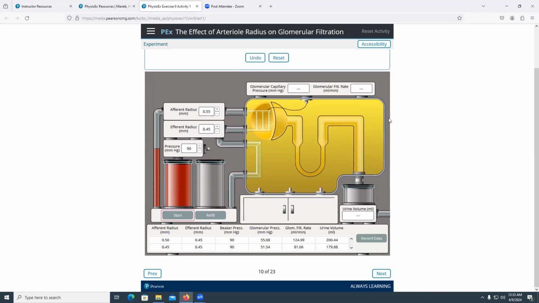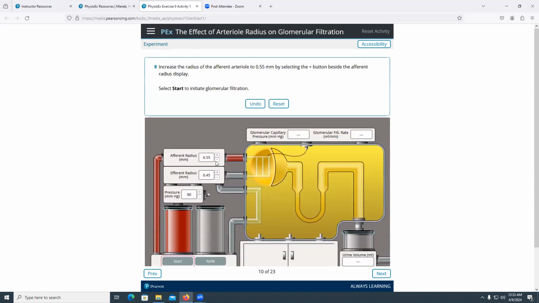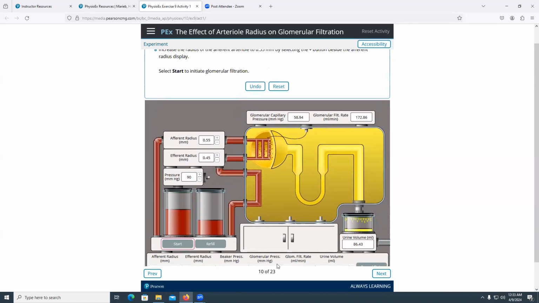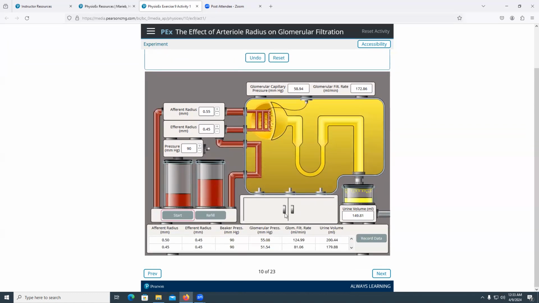And let's start the experiment. Now we are bringing in the blood through a radius that has increased to 0.55. Let's see how much urine is forming. So 0.55 is the largest radius we've dealt with in the entire experiment thus far.